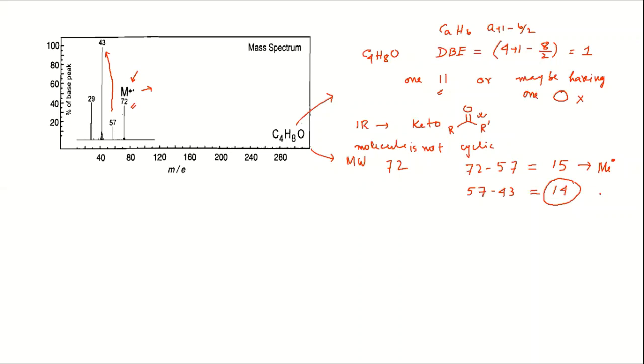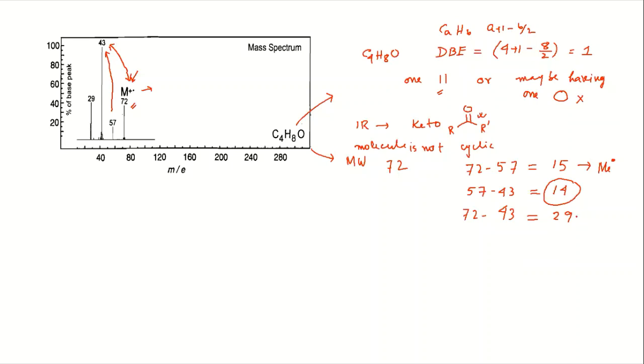Then what you do immediately, try 72 minus 43, whether it has any meaning or not. What is that value? 29. Are you getting or not?